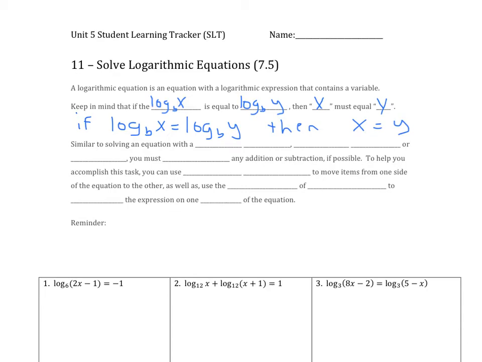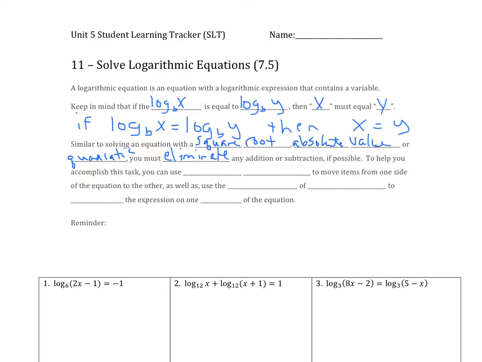Similar to solving an equation with a square root, absolute value, or maybe a quadratic, you must eliminate any addition or subtraction if possible.